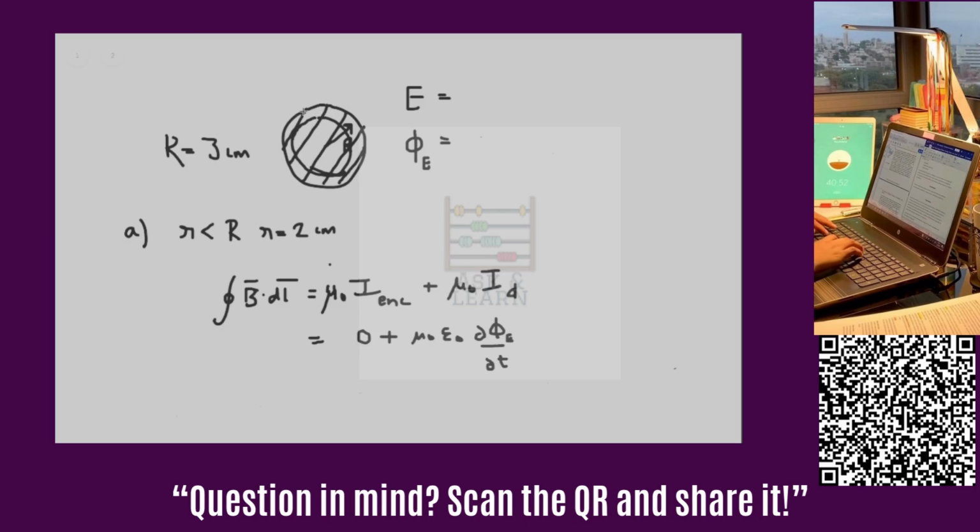In this problem, we have a circular region of radius capital R, R is equal to 3 centimeters, that carries an electric field which is varying.